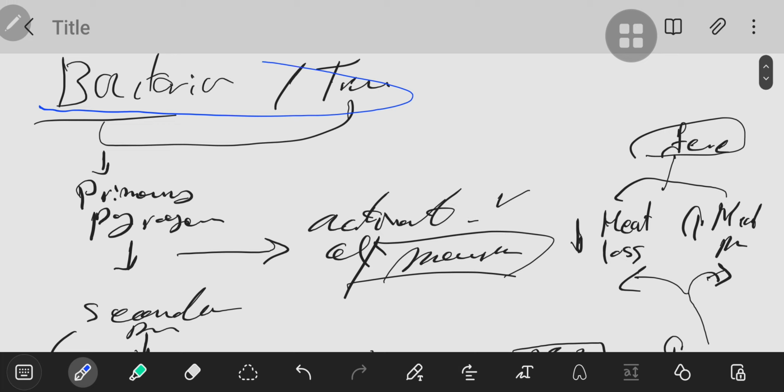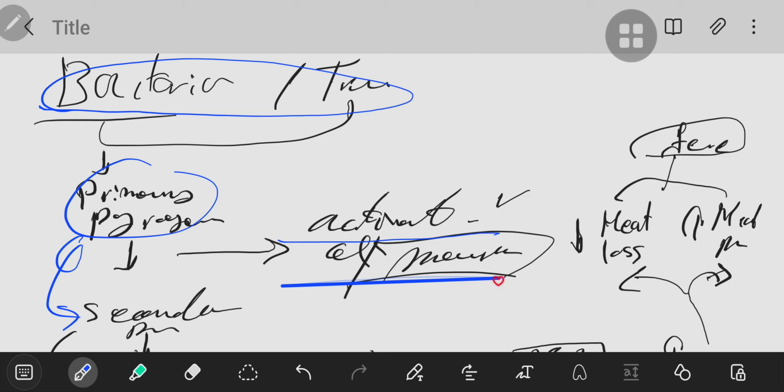We need something from outside to start this reaction: bacteria, maybe viruses, some parasite, trauma, or an injury. Anyway, it will lead to activation of the primary bioregions, which are substances, which leads to activation of the secondary bioregion. I told you that between them there's the activation of the macrophages, because of inflammation.